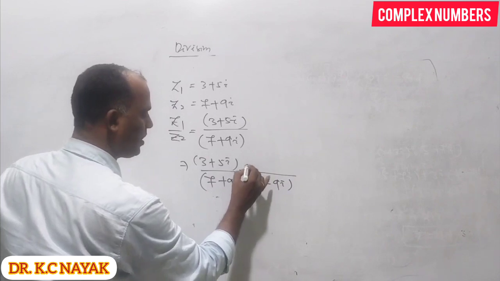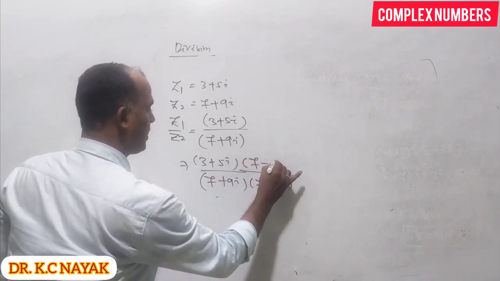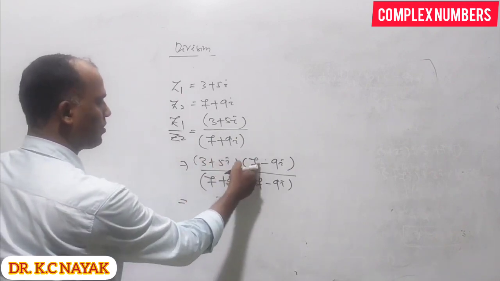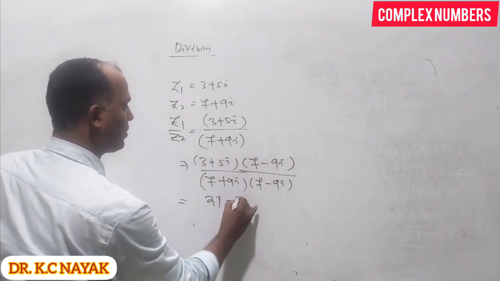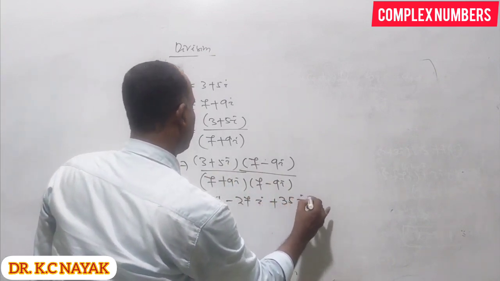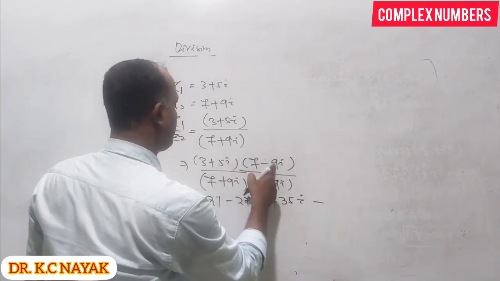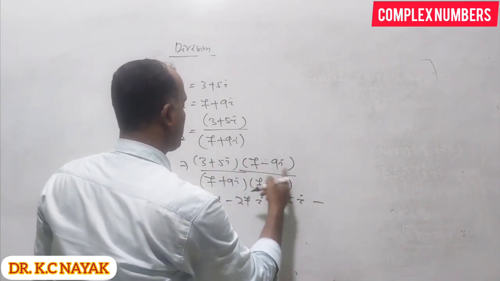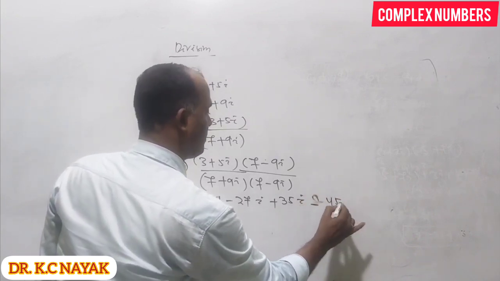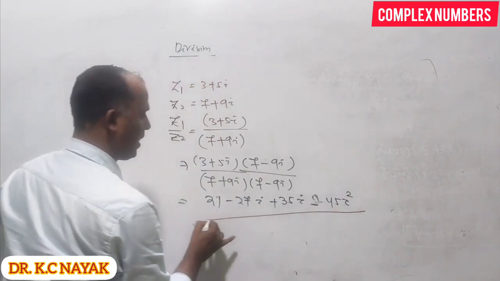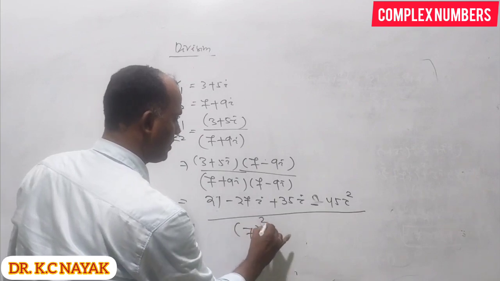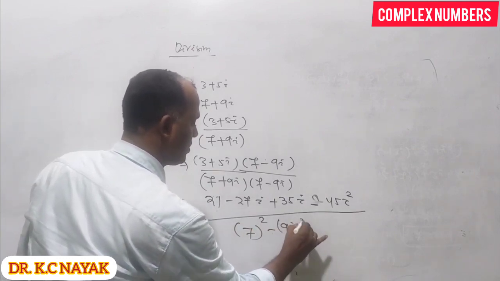We multiply lower and upper by 7 minus 9i. Then 3 into 7 is 21, 3 into 9 is minus 27i, plus 5 into 7 is 35i, minus 5 into 9 is 45 i square, which is plus 45, whole divided by a square plus b square, a plus b, a minus b, 7 square minus 9i square.